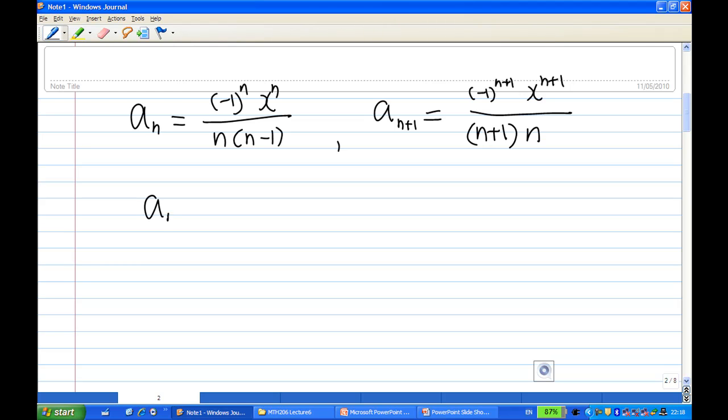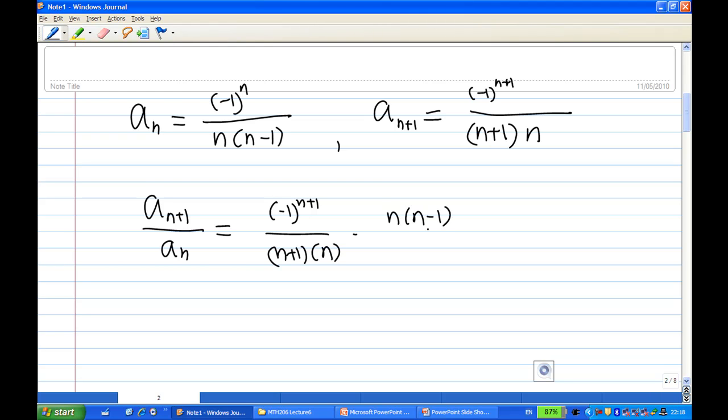So the ratio of a_(n+1) over a_n, in this case, I'm sorry, there's no x here. So a_n will be this. After you take the ratio, you get (minus 1) to the power n plus 1 over n plus 1 times n, divided by a_n, so times n times n minus 1 over (minus 1) to the power n.